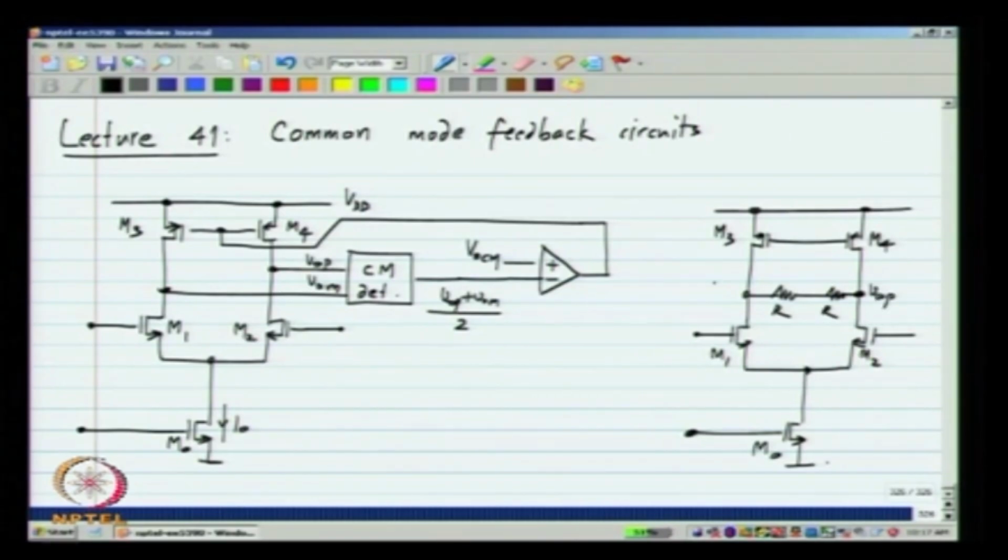The midpoint will be at (VOP plus VOM) by 2, and you simply connect it to the gates of M3 and M4. Now, in this particular case, the output common mode voltage will be stabilized to the gate voltage of M3 and M4 at a drain current of I0 by 2.